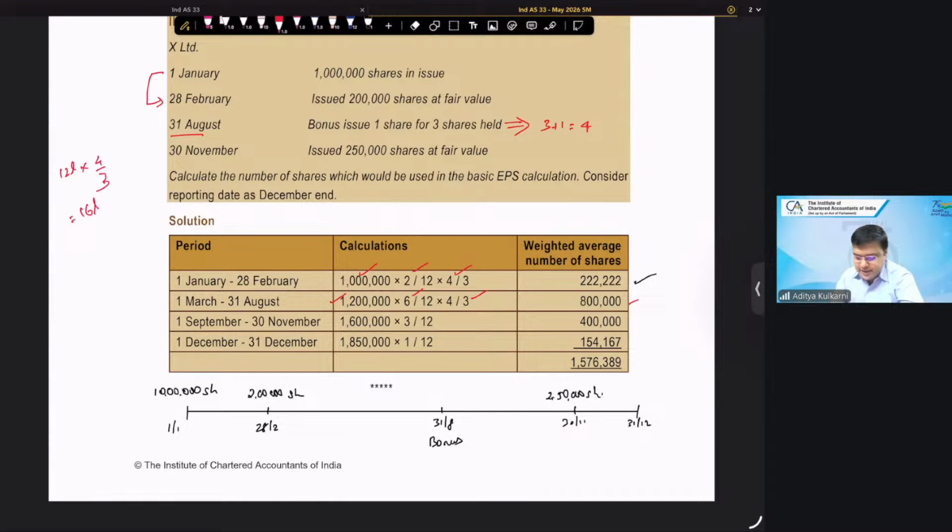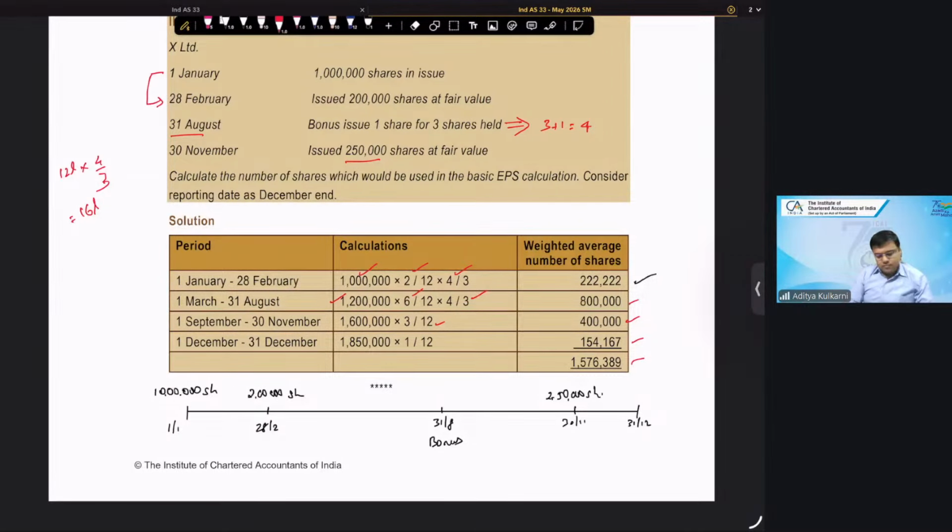You will have 16 lakh shares in issuance. 16 lakhs into September, October, November, 3 by 12. So that comes to 4 lakhs. And last one is 18 lakh 50,000 into 1 by 12. That is 16 lakhs plus 2 lakh 50, 18 lakh 50. So 15 lakh 76,389. Are we okay with this calculation?